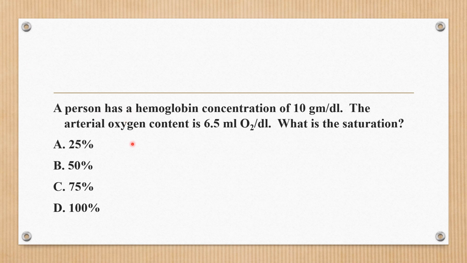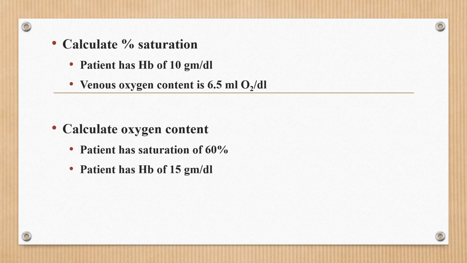I have also given some from oxygen transport, you can do these. And these are a few problems: calculate the percentage saturation and calculate the oxygen content. For these 4 or 5 questions you have to answer, and if you want you can write 1 or 2 sentences of explanation and then post in the group.